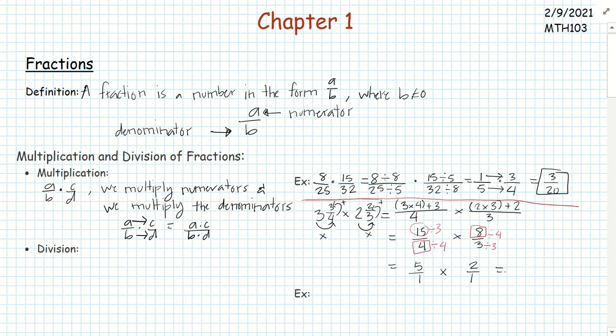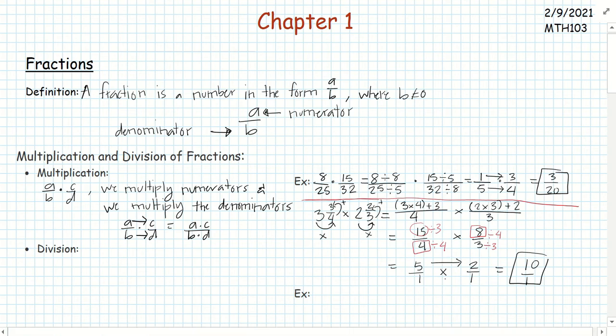Which at the end is going to give me 10 over 1. Remember, we multiply across. I know it looks a little bit messy, but again, the idea is to reduce as much as we can and then multiply the values that we have here.